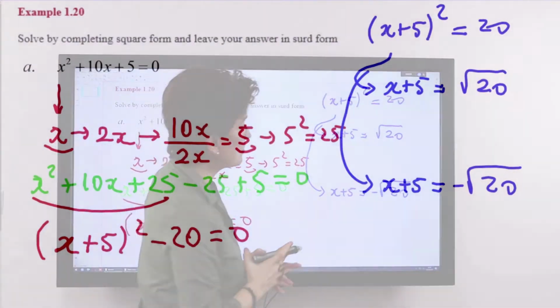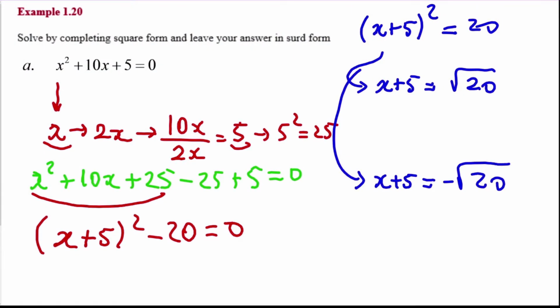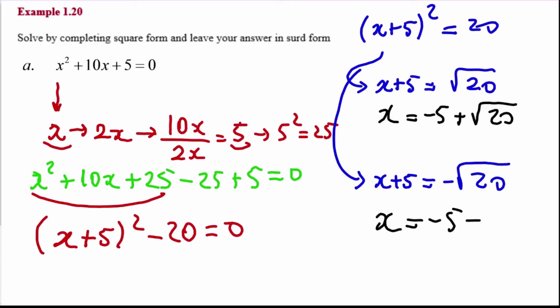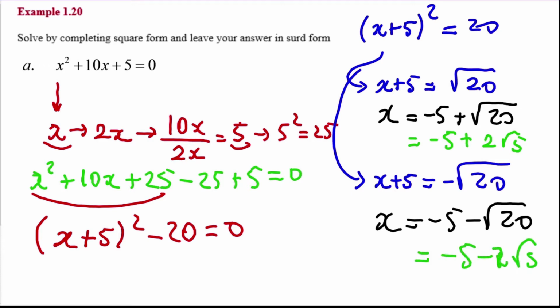If I find x, x is negative 5 plus the square root of 20, or negative 5 minus the square root of 20. Instead of root 20, we can move one step and write 2 square root of 5. So x is negative 5 plus or minus 2 square root of 5.